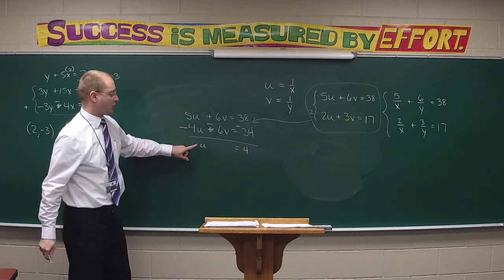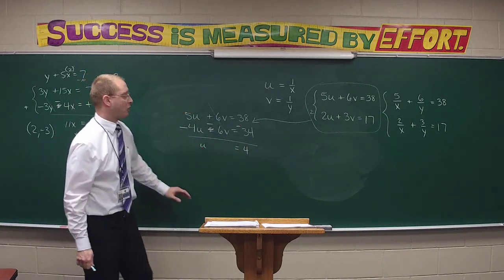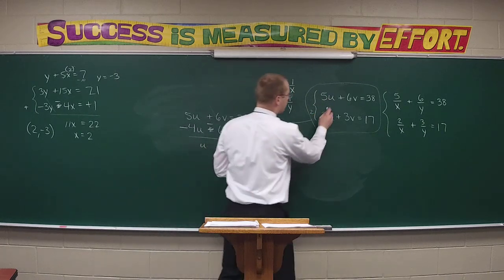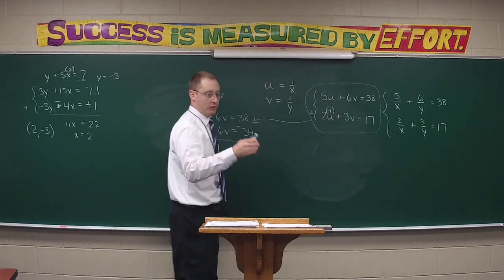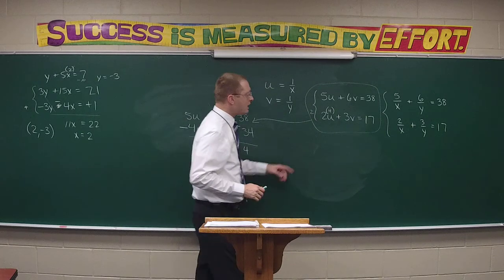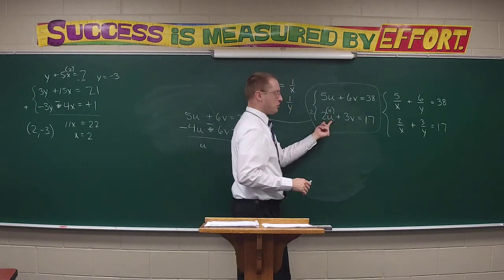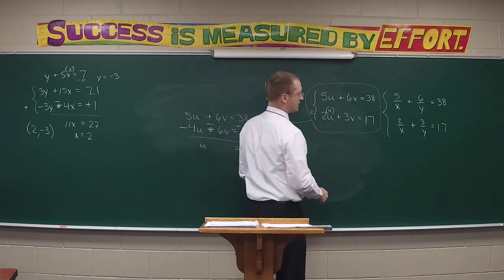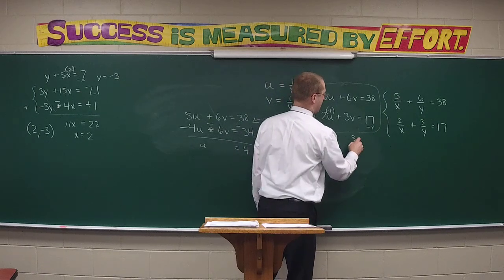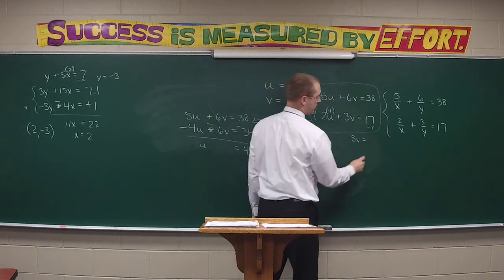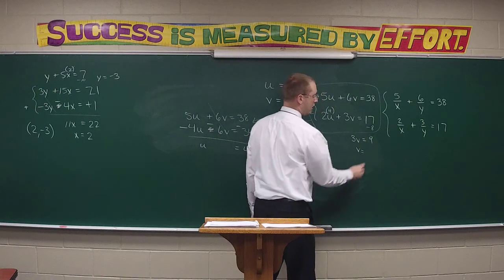We're not ready to convert that back to x yet because we don't need to. We need to go back to the equation, plug the 4 in for u, and solve for v. Coming back to u now. If u is 4, then the 2u is 8, which I need to move over, to get that the 3v is equal to 9, and therefore v equals 3.